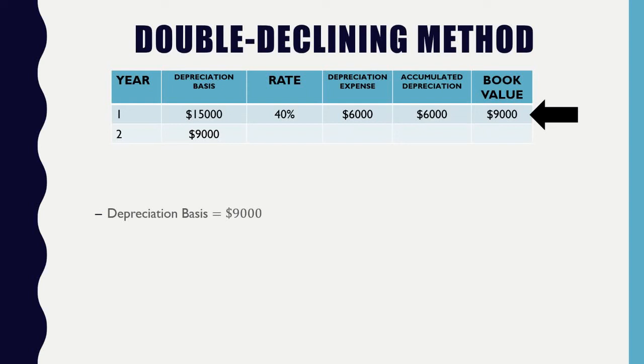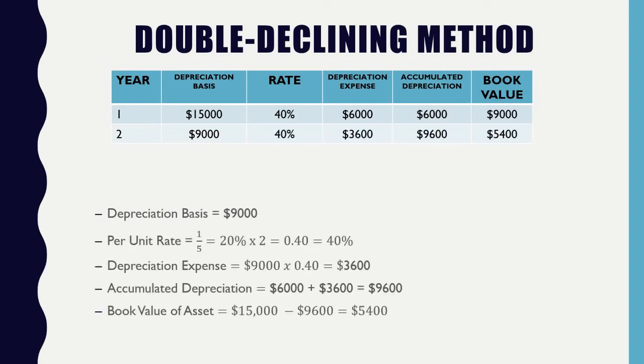And then everything's going to be the same after that, right? You got to figure out what your rate is. Your rate is 1 over the estimated useful life times 2, which is going to give you 40%, right? Then you're going to multiply that 40% by the 9,000, and you're going to get 3,600 for your depreciation expense, okay?